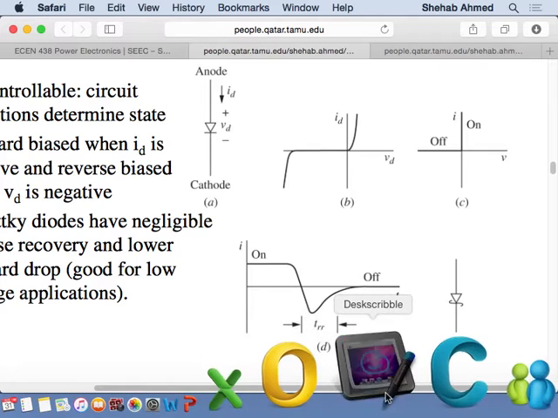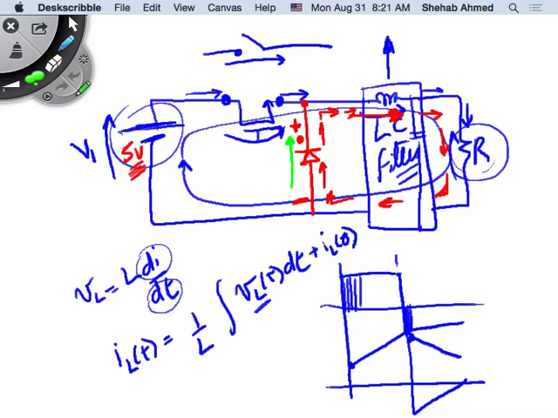And this happens like this. So current was flowing in this direction, and now the diode wants to block. For the diode to block, according to the characteristics, the waveform that you saw, there is a negative current that has to flow, right? So how is that going to happen?